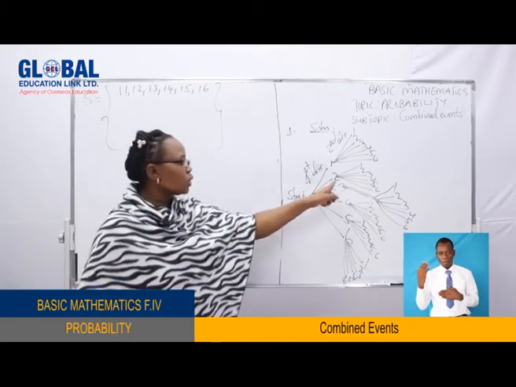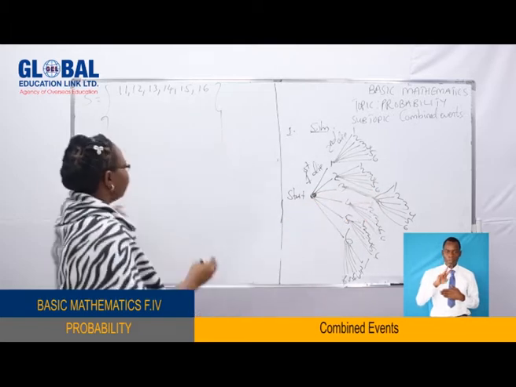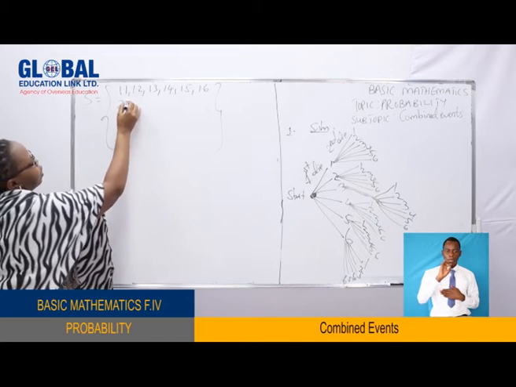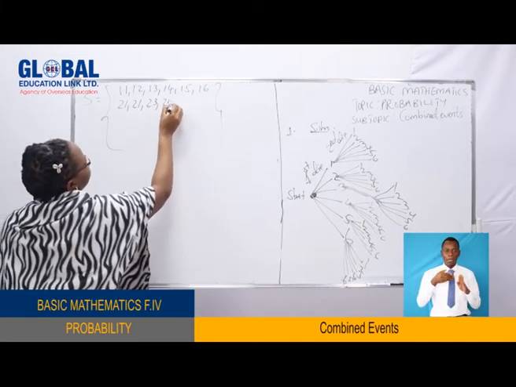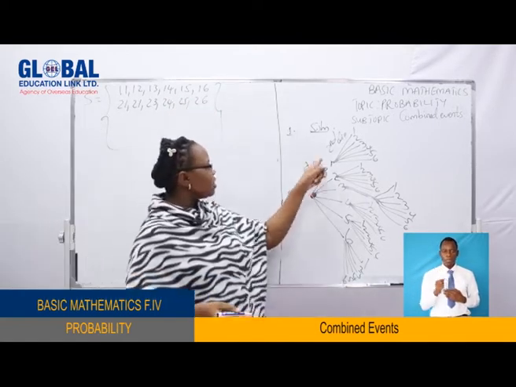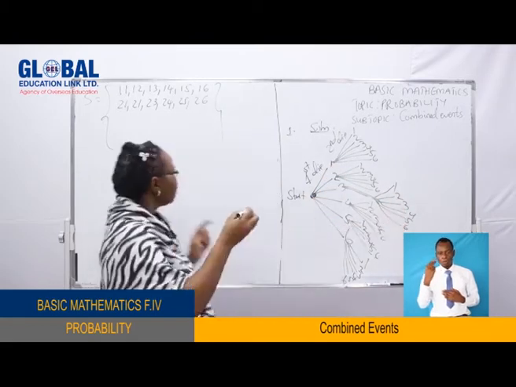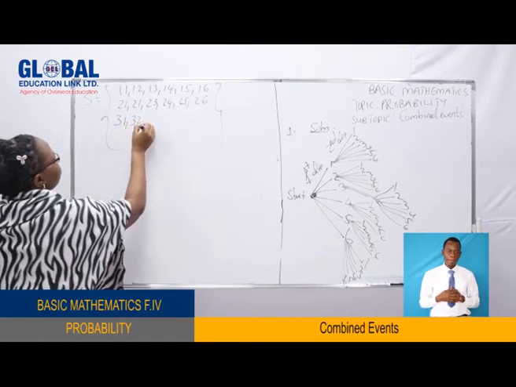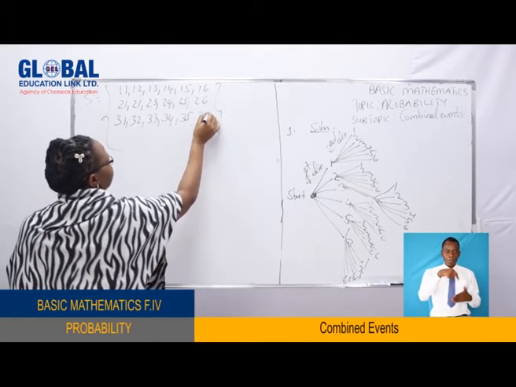When the first die shows 2, the second one will show these 6 options: 2,1; 2,2; 2,3; 2,4; 2,5; 2,6. The same, when the first die shows 3: 3,1; 3,2; 3,3; 3,4; 3,5; 3,6.